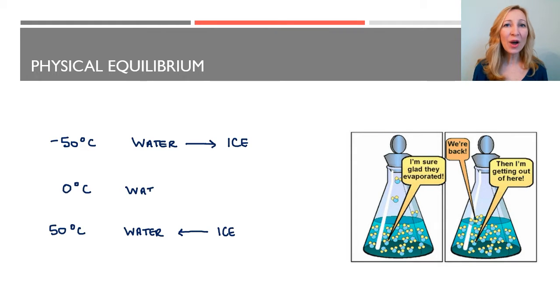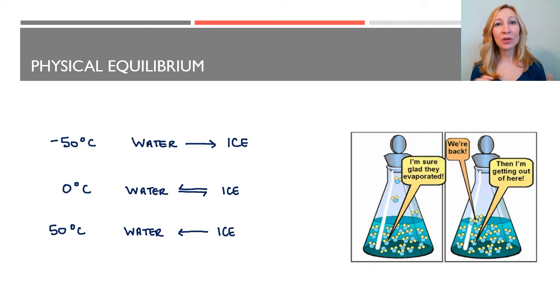But what happens at freezing point? Does water freeze or does ice melt? What really happens is both things at the exact same time at equal rates. So water is going to turn into ice at the same speed that ice will turn into water. So something's always happening.